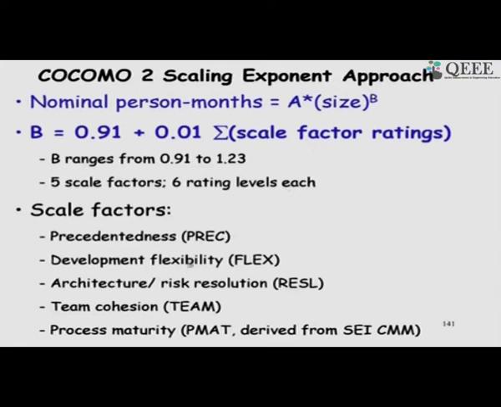But if these are all not in our favor, like we do not have experience with previous development of software, flexibility does not exist, we have to meet stringent schedule and budget constraints, risk handling is not proper, team cohesion is lacking, the team did not work together, they are not of similar background, and so on, then it can become 1.23.